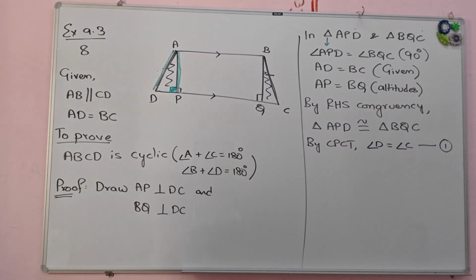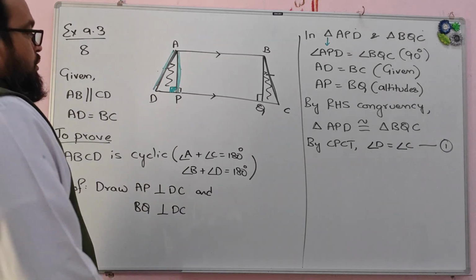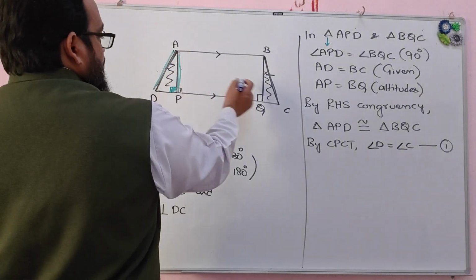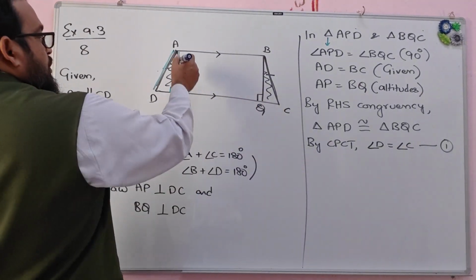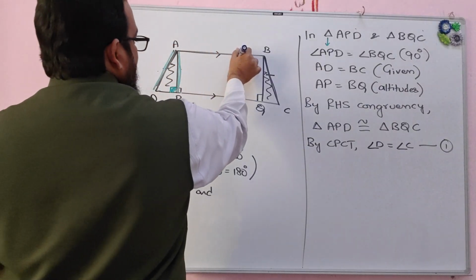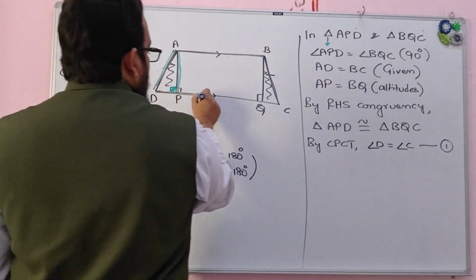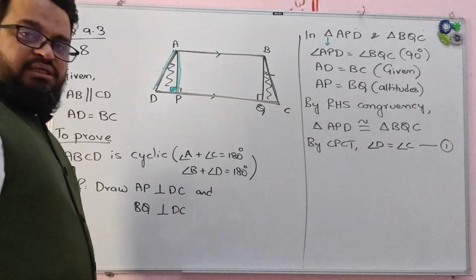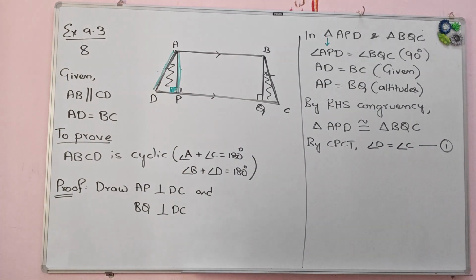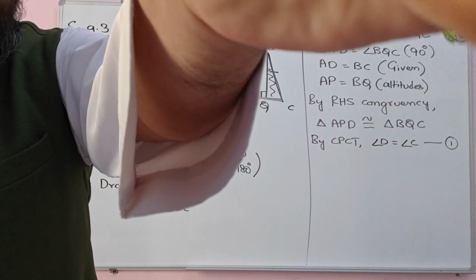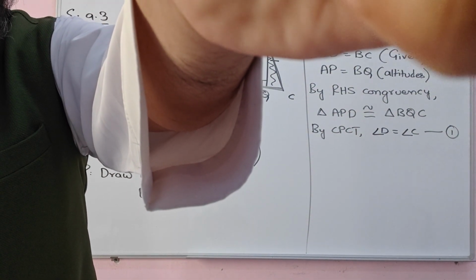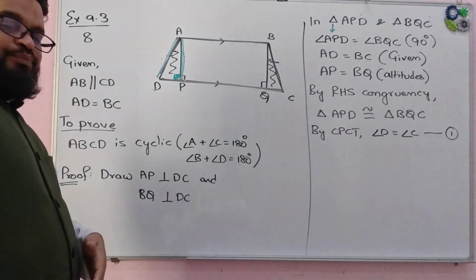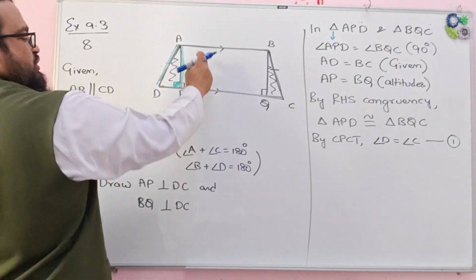what, my dear students? Now, we have to prove opposite angles, right? So now, what is this? AB and DC. AB and DC are parallel lines. So, just now we have seen that these two lines are parallel.